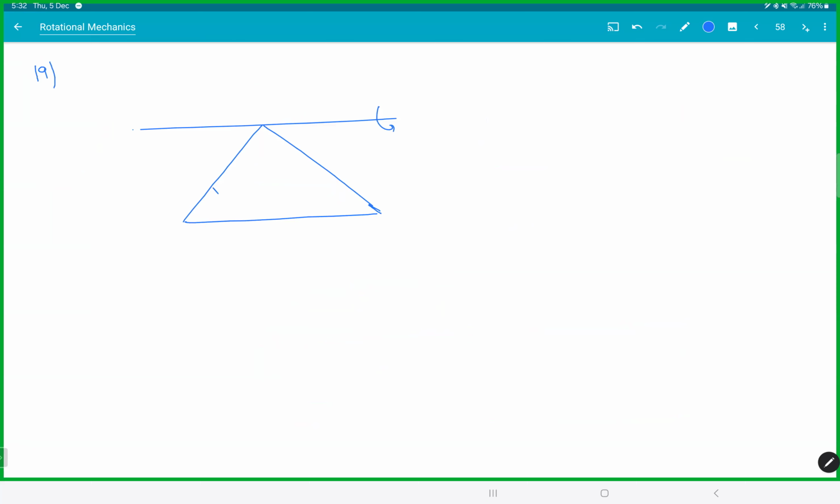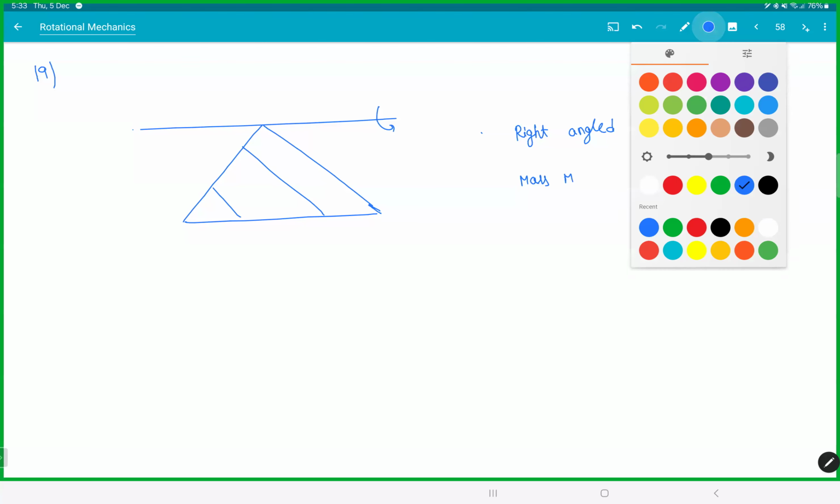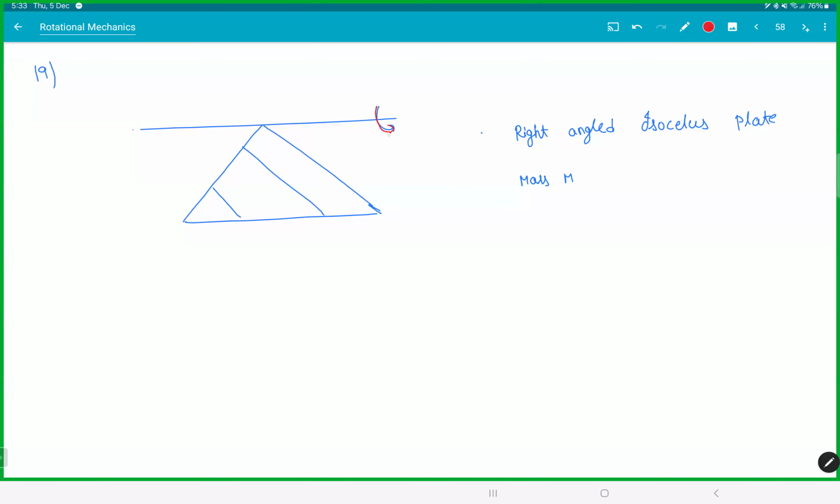This is a triangular plate, a right-angled isosceles plate, of mass M. This is A, and this is also A. This is 90 degrees. Find the moment of inertia.